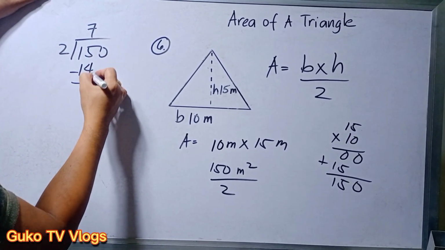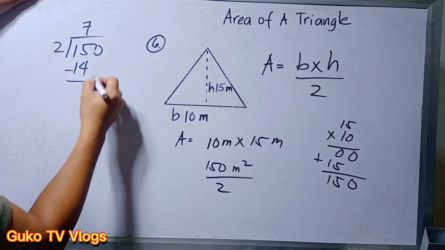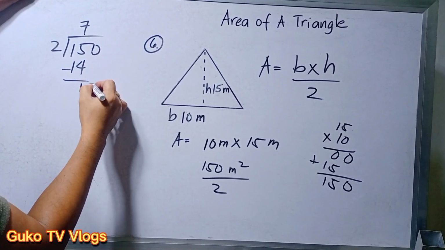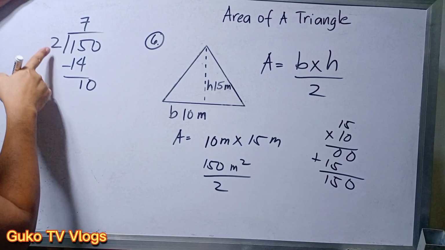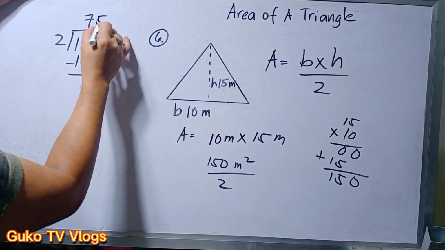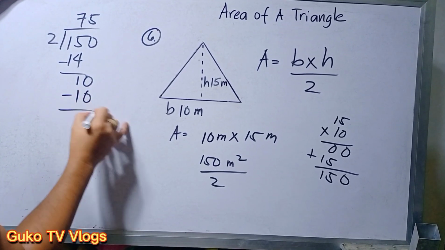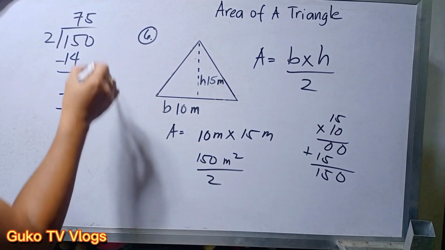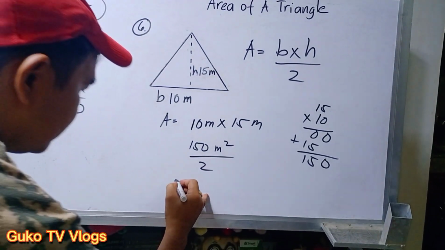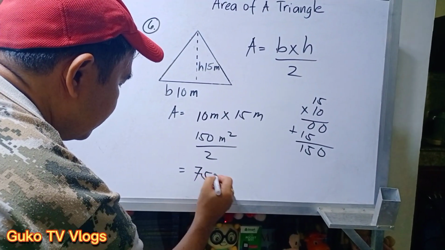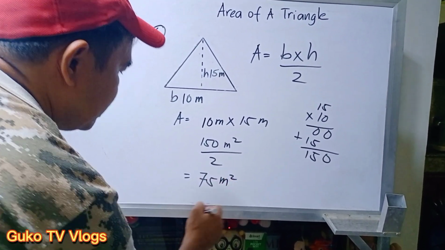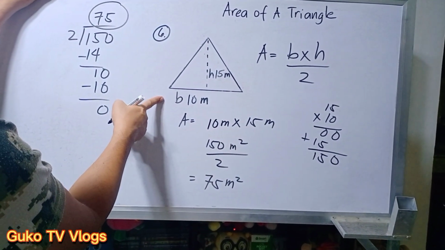So 5 minus 4 is 1, so this is 0, so bring down this 0. So 10 divided by 2 is 5. Then 5 times 2 is 10. So subtract, 10 minus 10 is 0. So the answer is 75. So 75 meters squared is the area of this triangle.